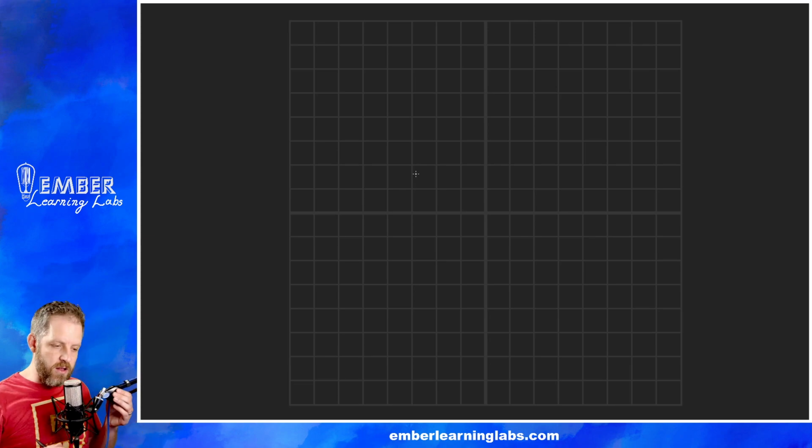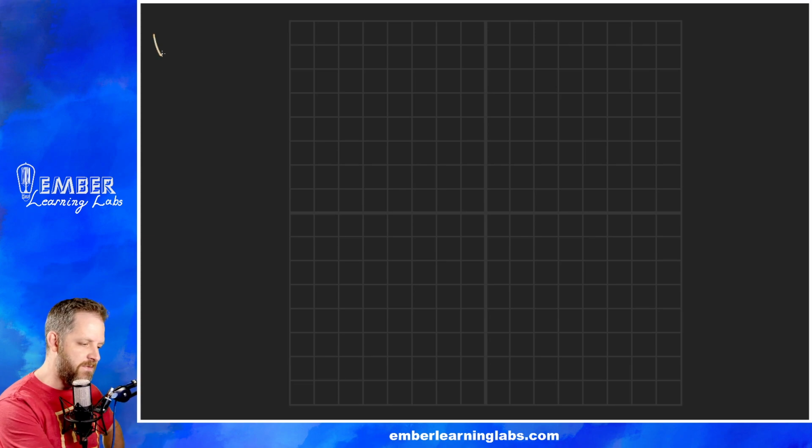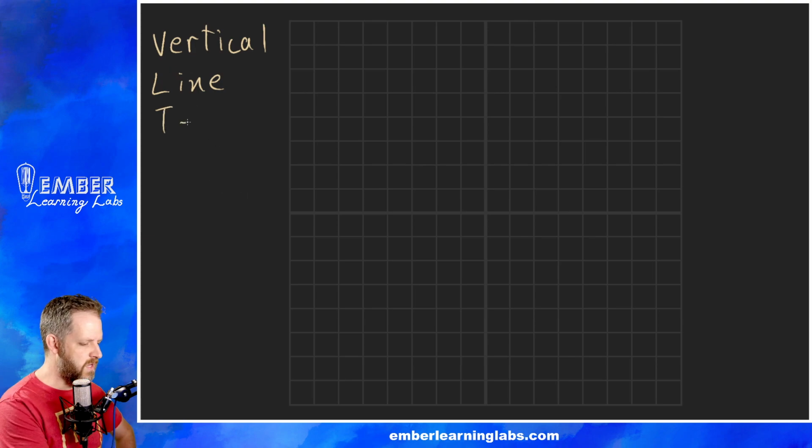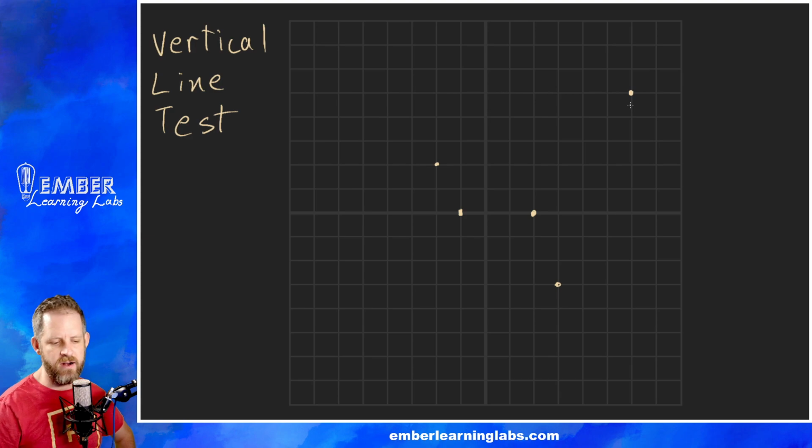So we're going to look at something called the vertical line test. The VOLT, the vertical line test. We're going to illustrate this by looking at a set of ordered pairs that's graphed. So we have this one, and maybe this one, and that one, and then another point up over here, right?